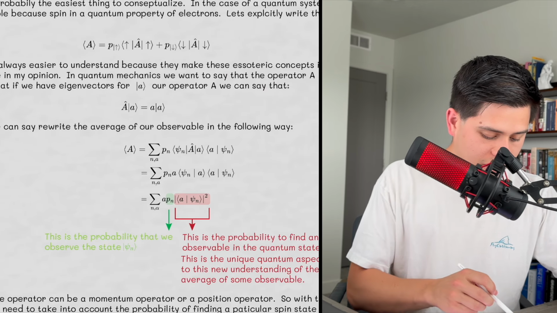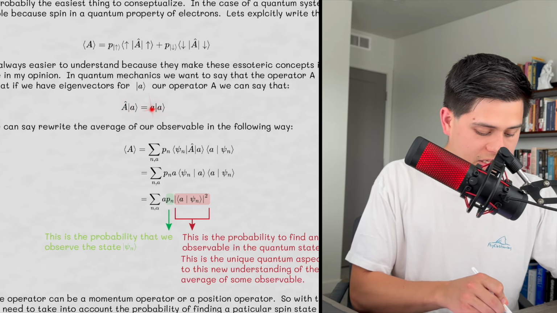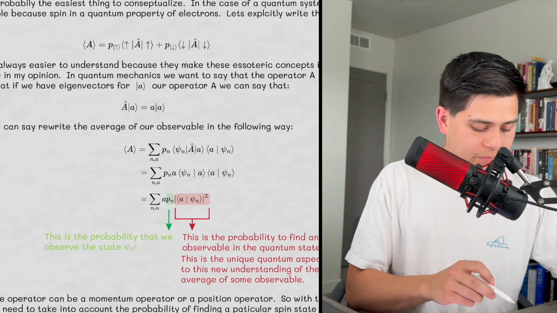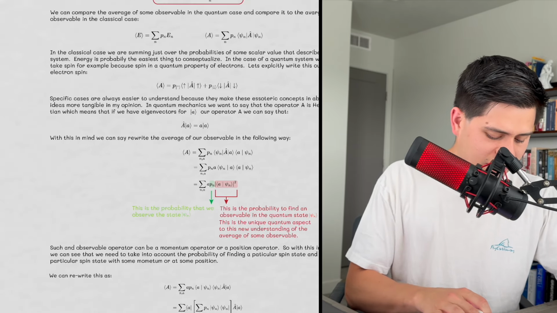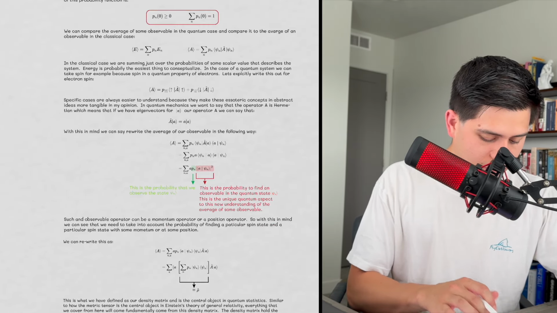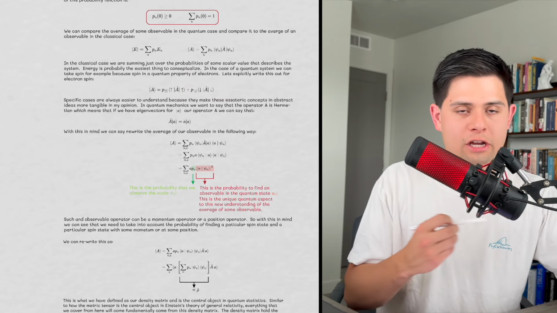So if this is an eigenvector of A, then this here is going to be an eigenvalue of A. This is, again, basic quantum mechanics stuff. The reason I put this again is because this is a very tangible example.